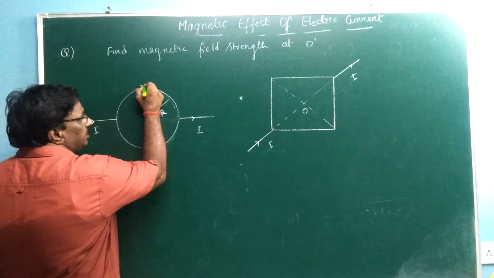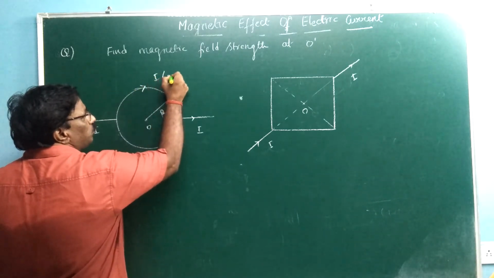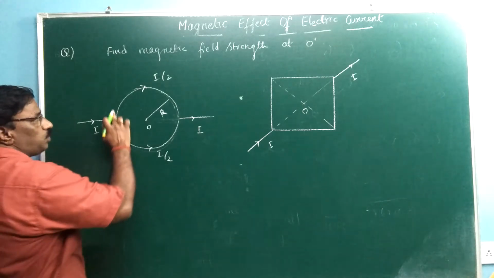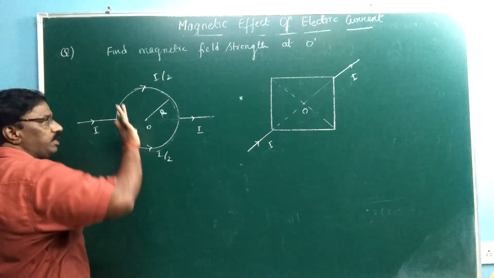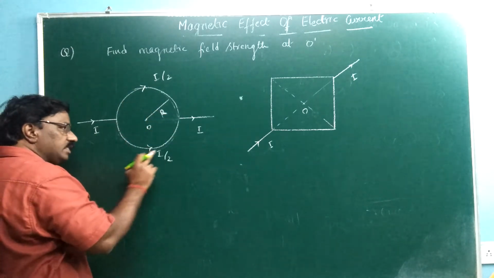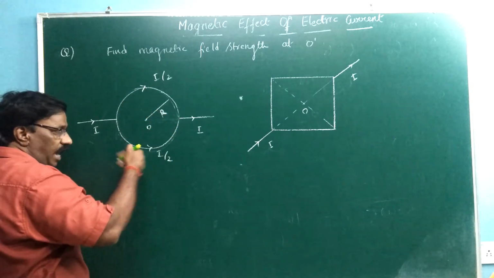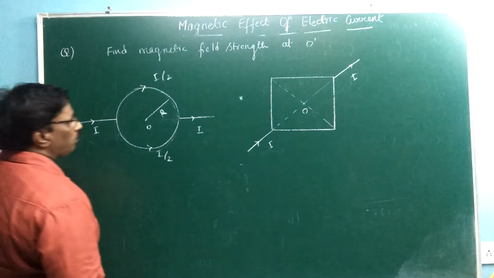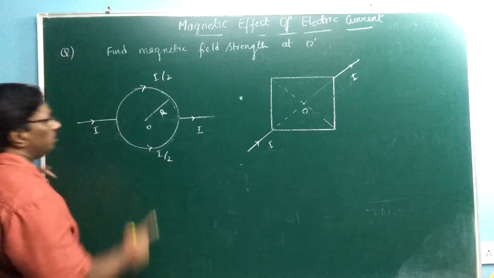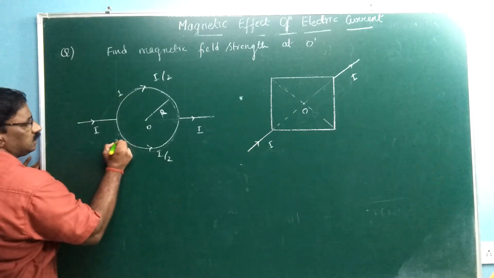So the current divides here, in this I by 2, in this also I by 2. Now this is one semicircle carrying current I by 2 in clockwise direction. This is another semicircle carrying current in anti-clockwise direction. And we know how to calculate the magnetic field produced because of this and because of this. Because of the first part, and this is the second part.